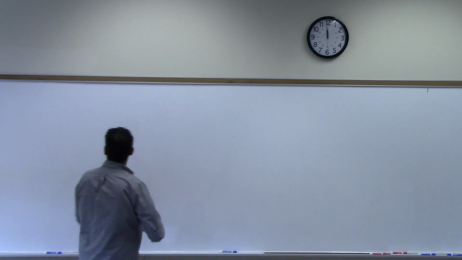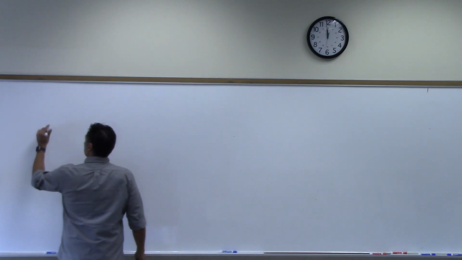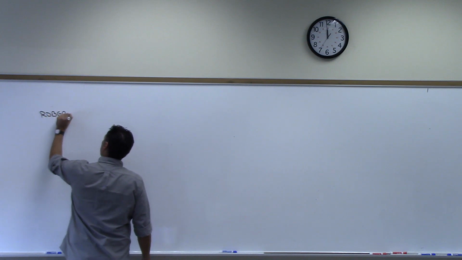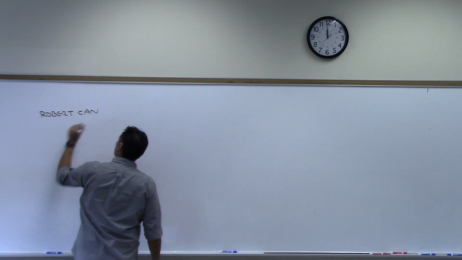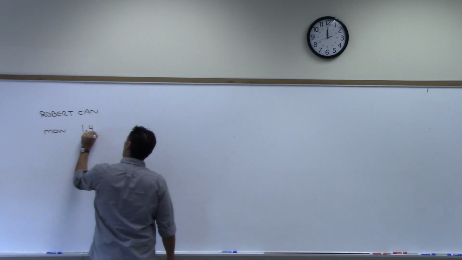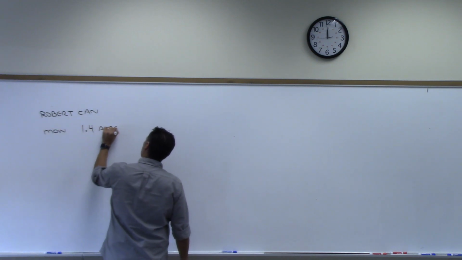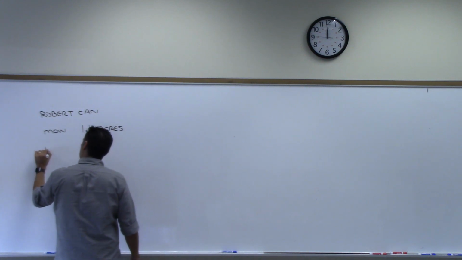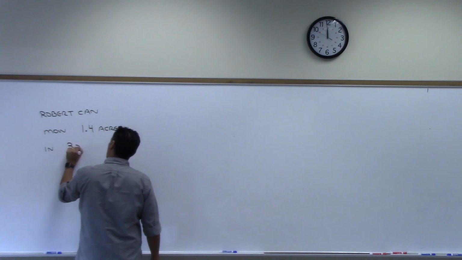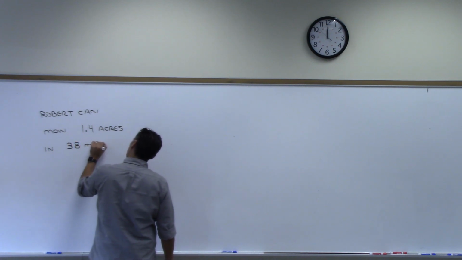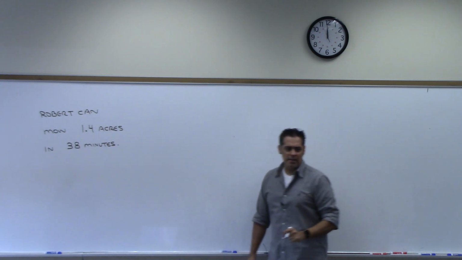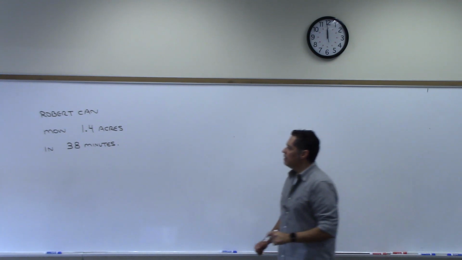So something like this. Robert can mow 1.4 acres in 38 minutes. It's a riding mower. It's a big old fast riding mower. Okay.